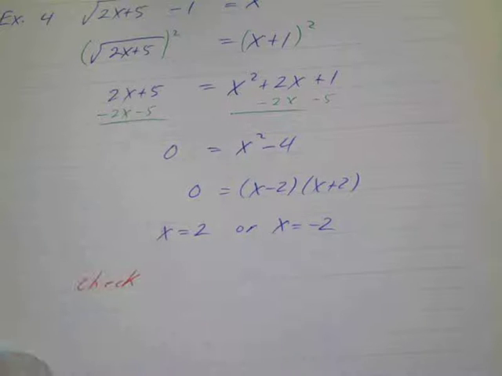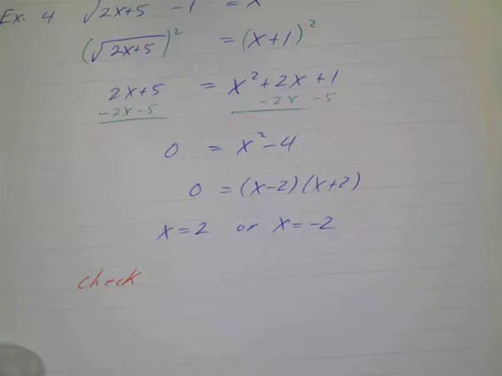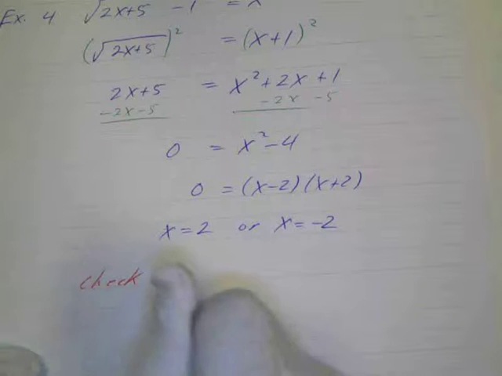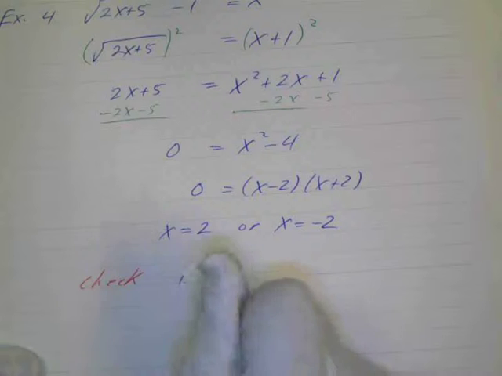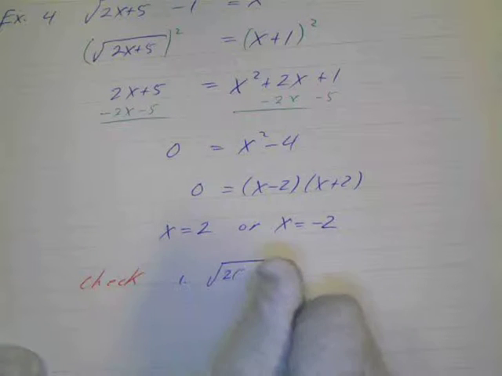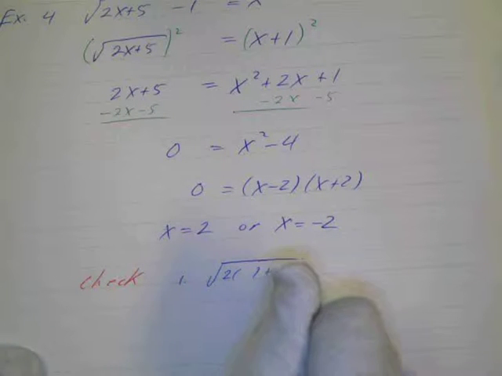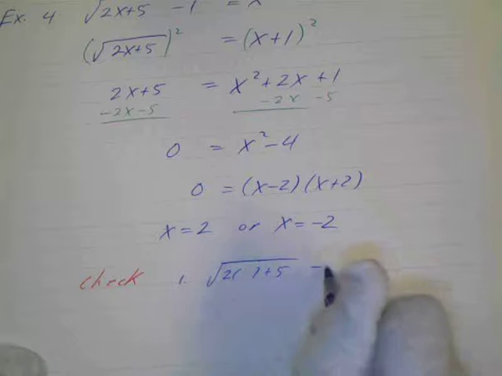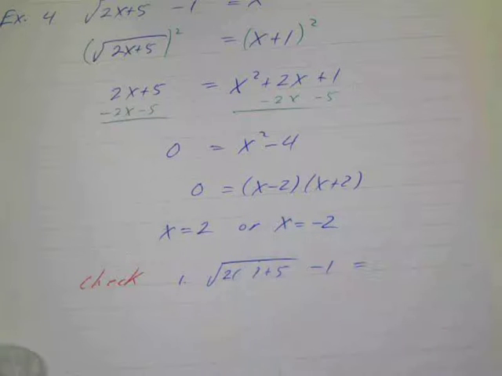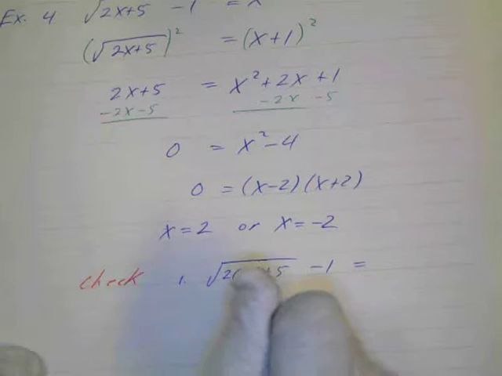So when we check it, we put it back in. So the first one, check 1. The square root of 2 times 2 plus 5 minus 1, does that equal 2? So we put the x in here.